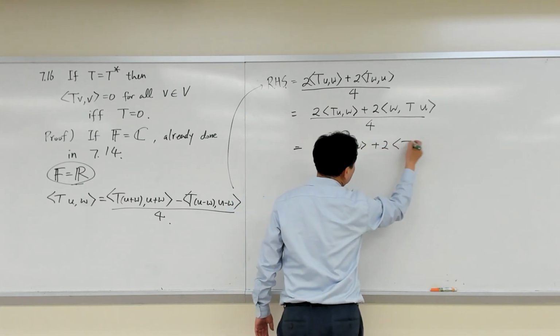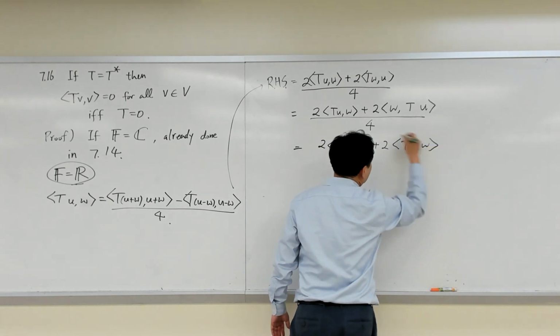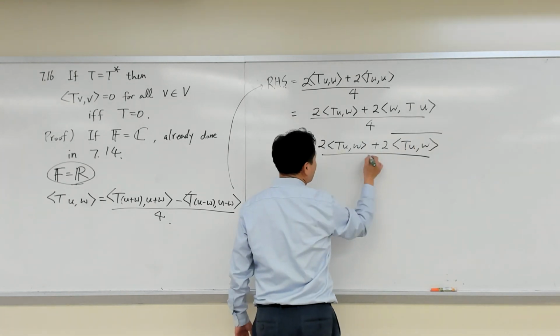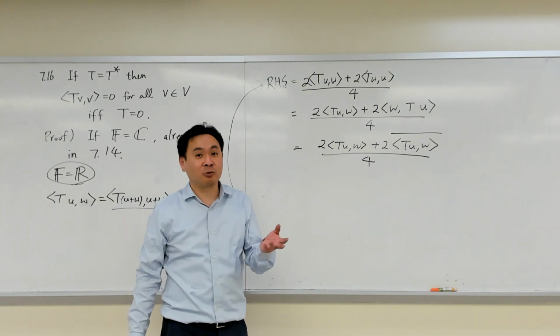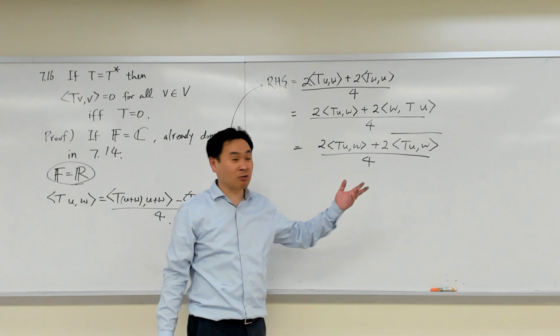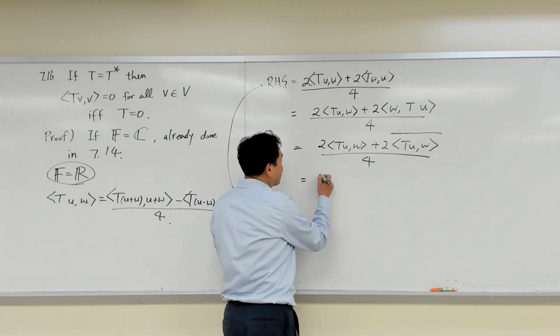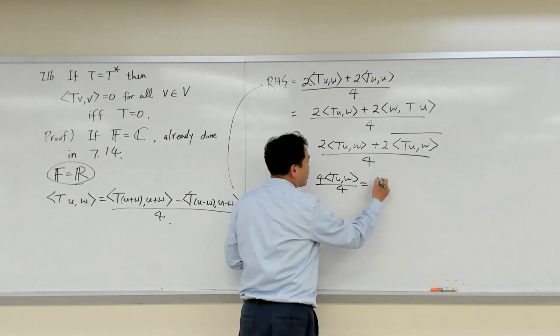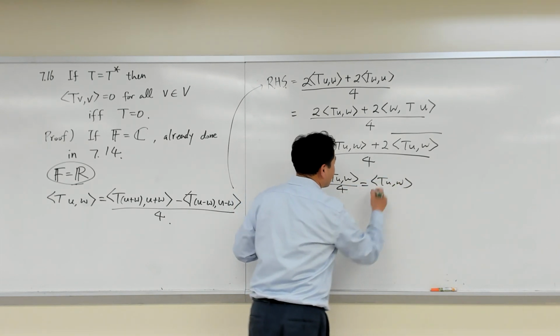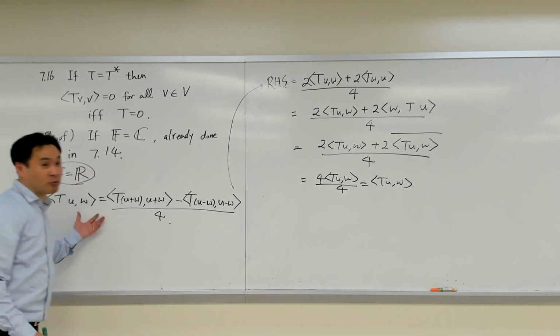When you swap, you're supposed to have a complex conjugate, but we're working on real space, right? So complex conjugate has no effect. Real numbers under complex conjugate don't change at all. So you just end up with 4 times TUW over 4. Okay, so that's how you prove this.